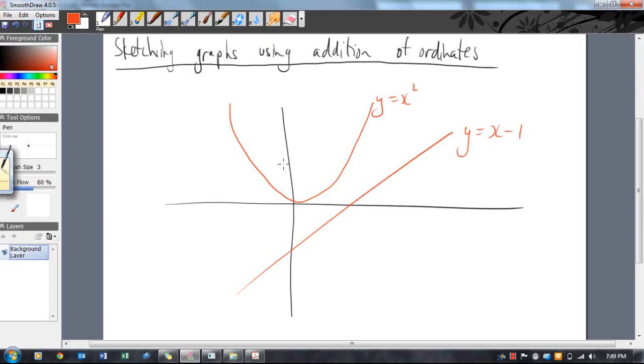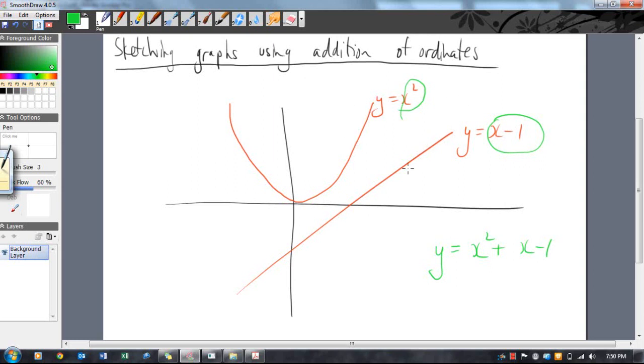I'll do different colours in the future. If you wanted to sketch y equals x squared plus x minus 1, in other words, this plus this, then what we could do is look at the two graphs and just add all of the y values together.